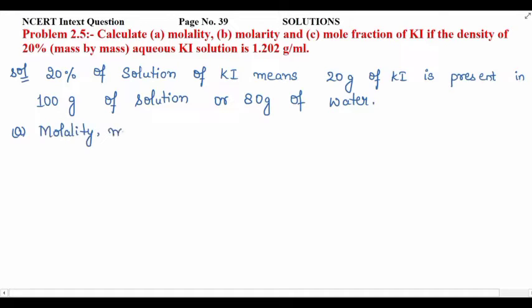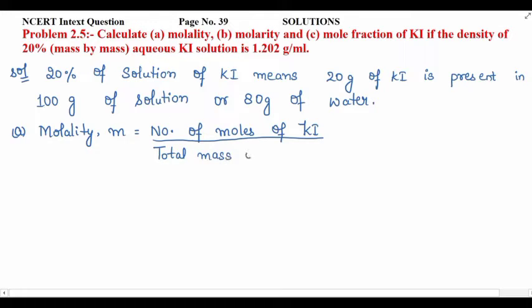Molality, which is denoted by small m, is equal to the number of moles of solute divided by the total mass of solvent.